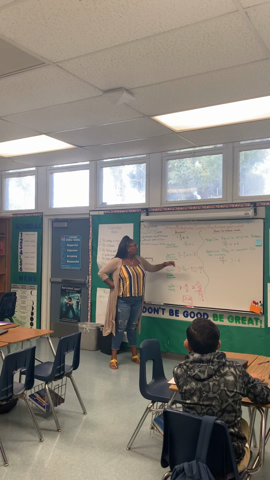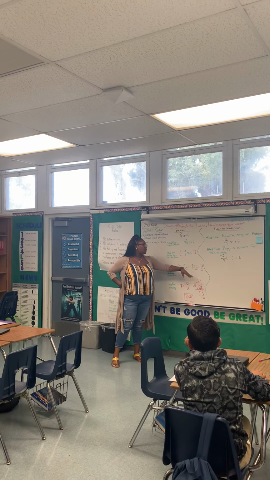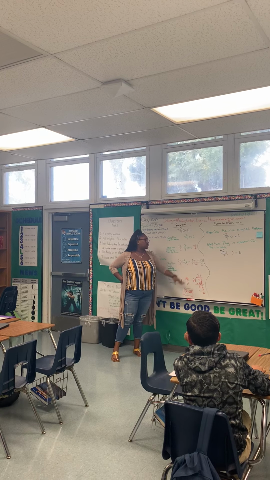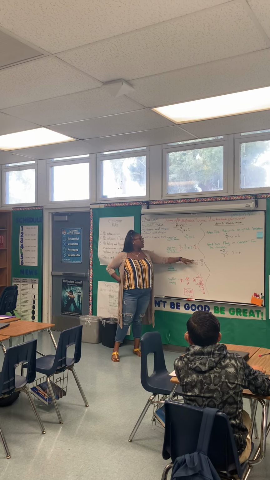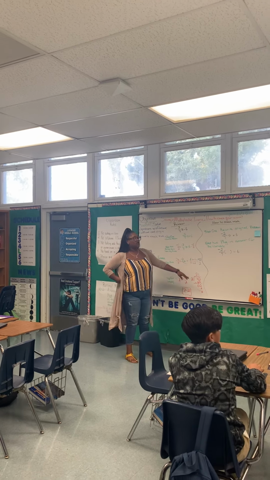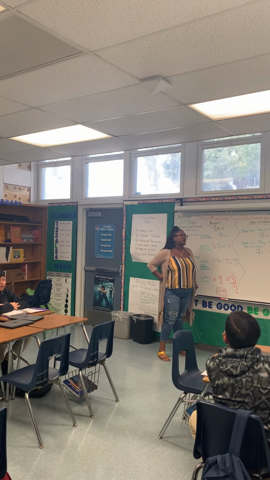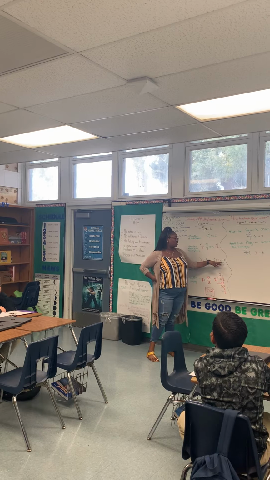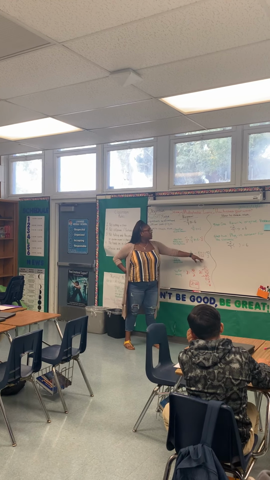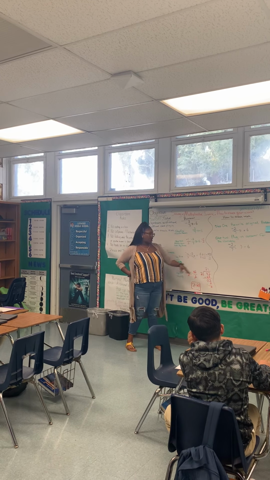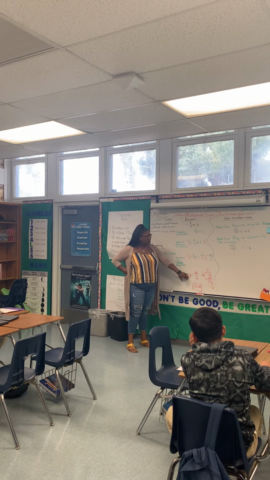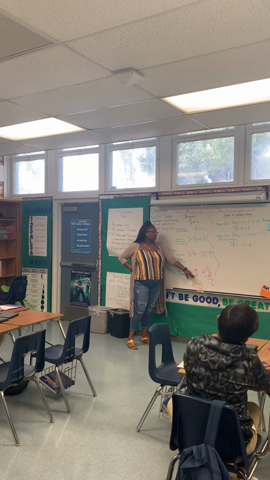You multiply straight across the numerator, and straight across the denominator. So 6 times -7 is -42. 1 times 2 is 2. So now we have x equals -42/2.